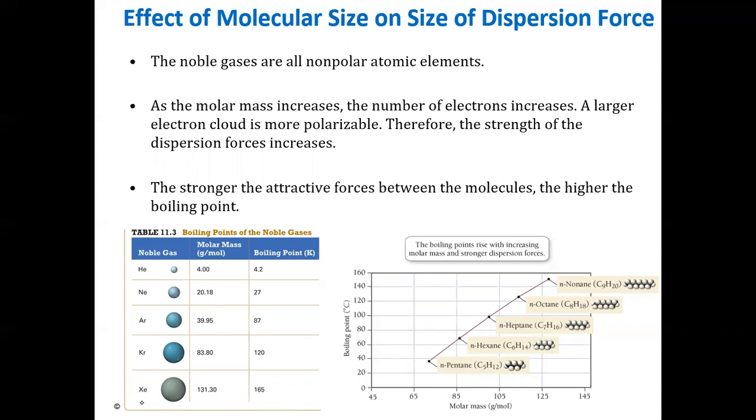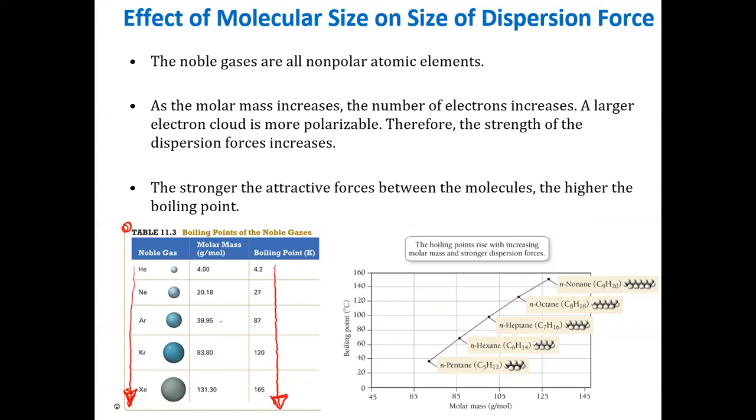And they are all nonpolar atomic elements. But if you look down here in table 11.3, as the molar mass increases as you go down the group, you'll also notice that their boiling point increases.